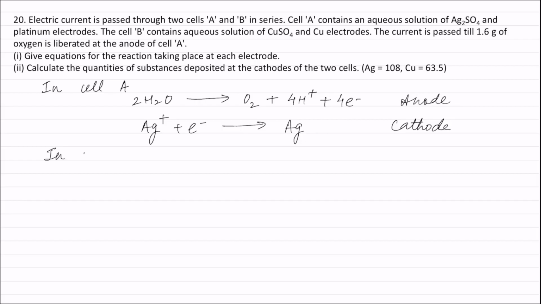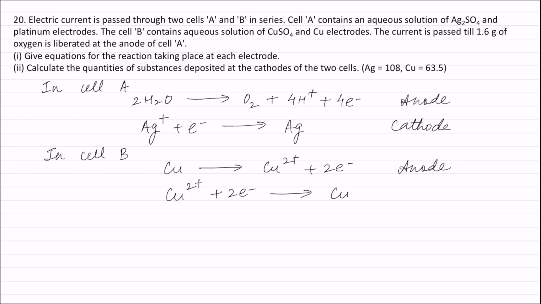Now in cell B, copper atoms form Cu²⁺ ions plus 2 electrons. This is the reaction at the anode, and copper ions accept 2 electrons and get deposited as copper atoms, and this is the reaction at the cathode.